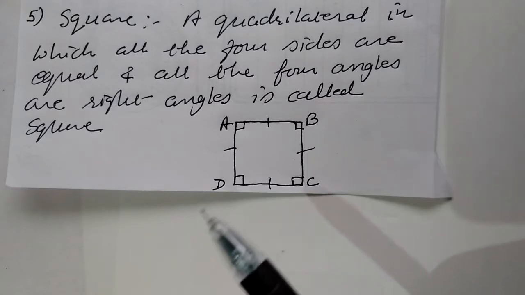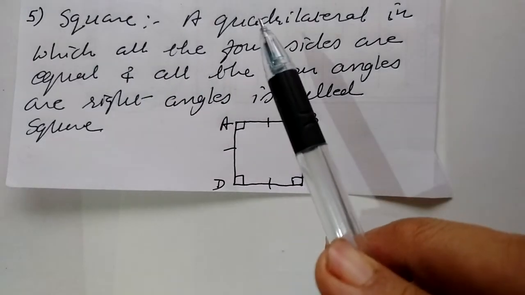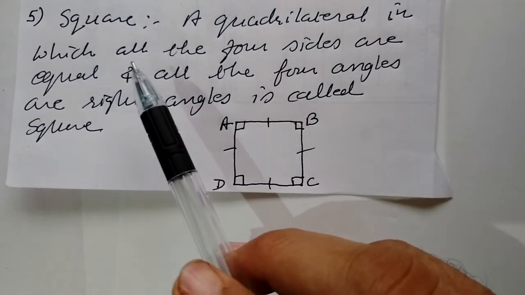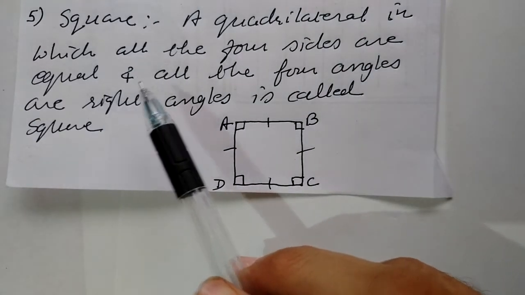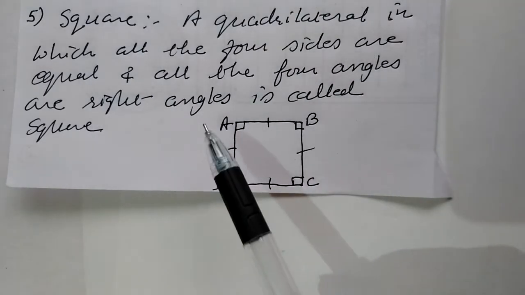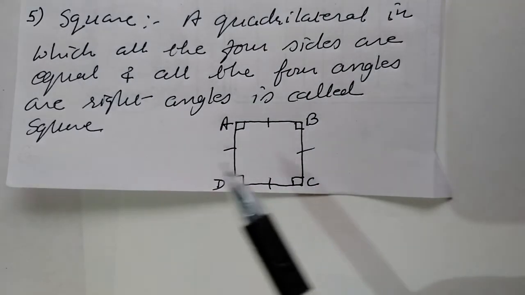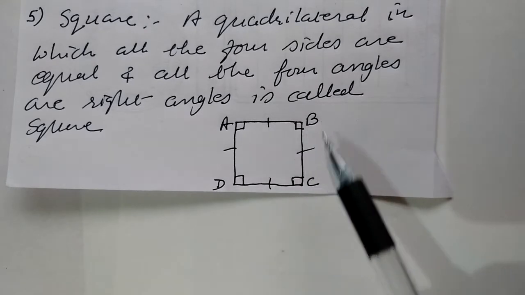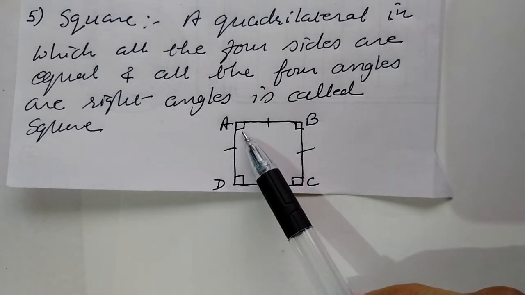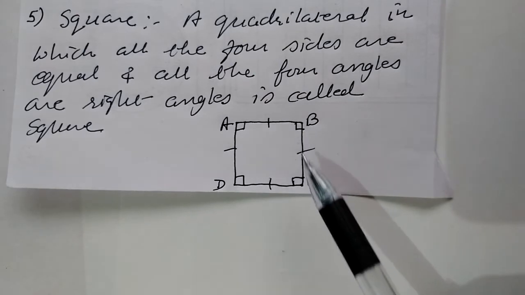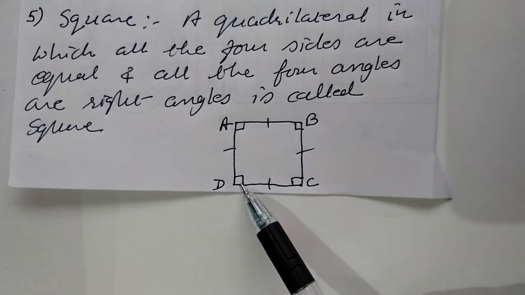Now the last definition, children. Square. A quadrilateral in which all the four sides are equal and all the four angles are right angles is called a square. See the diagram, children. This is a square ABCD. All four angles: this is a right angle, this is a right angle, this is a right angle, and this is a right angle.